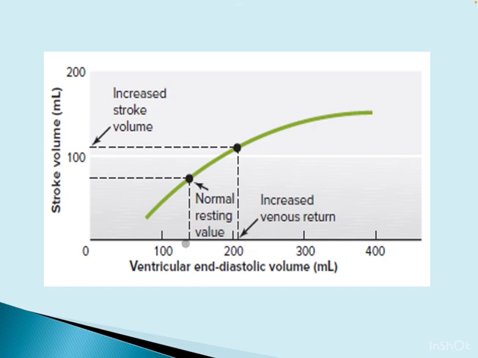So whenever there is an increase in venous return from the normal resting value, there is an increase in end diastolic volume, and thereby that also increases the stroke volume. So an increase in venous return increases end diastolic volume, which increases the force of contraction. This is the Frank-Starling law.